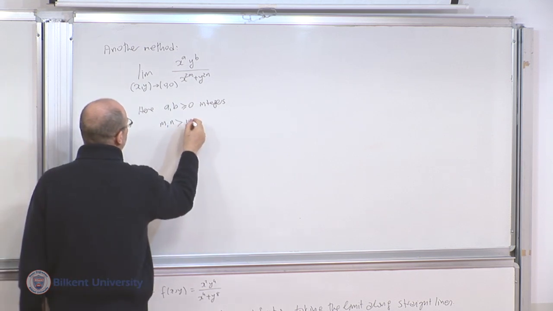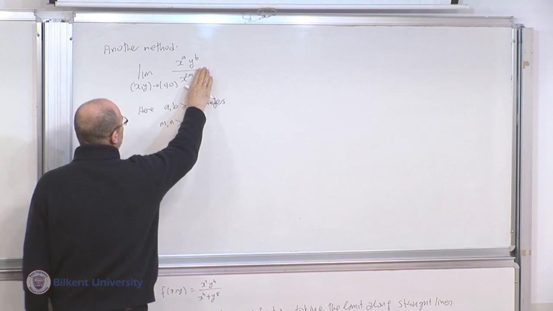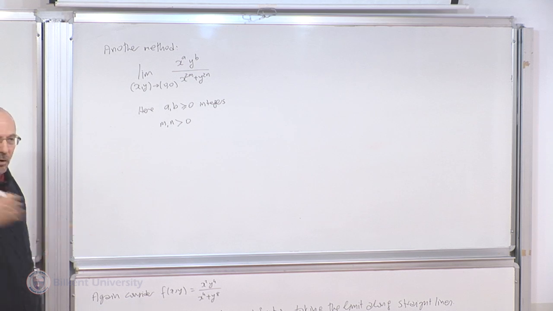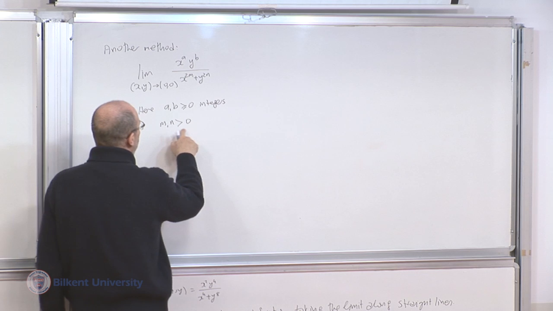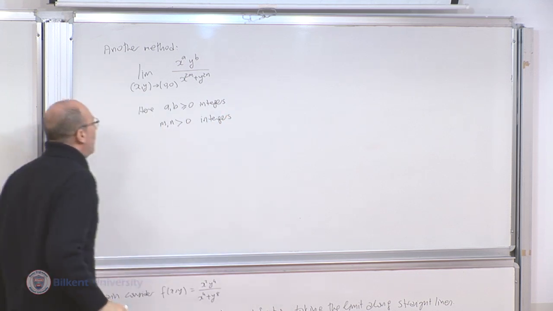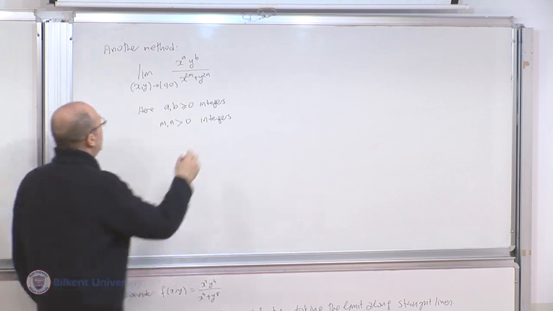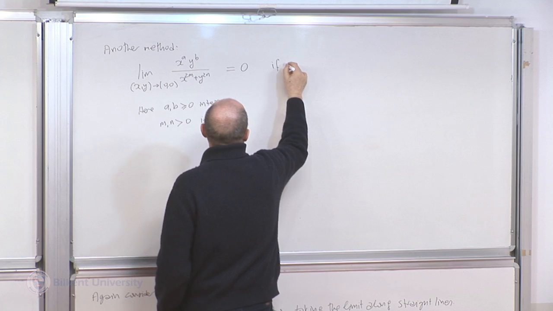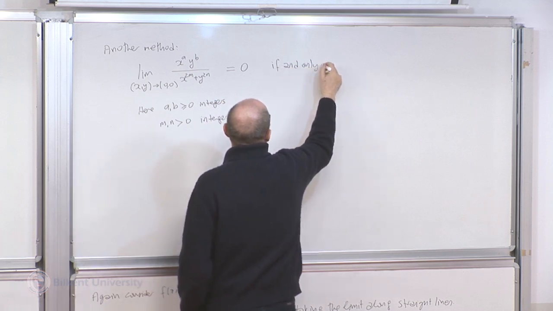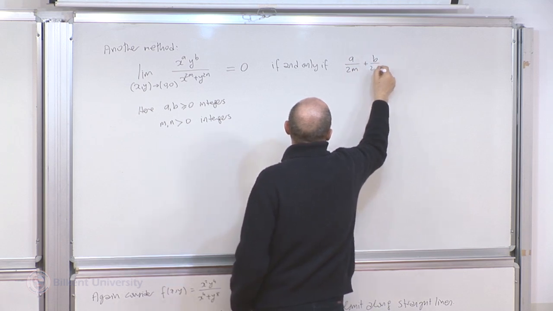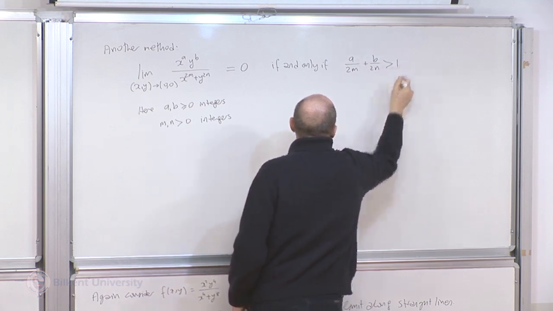And m and n are strictly positive, because otherwise the denominator vanishes when x is equal to 0 and y is free, so it vanishes on a whole axis. So these are positive, and they are also integers. Okay, so this limit is equal to 0 if and only if a over 2m plus b over 2n is strictly larger than 1.